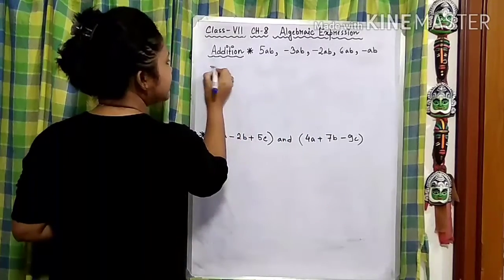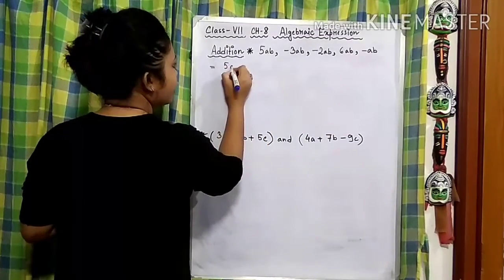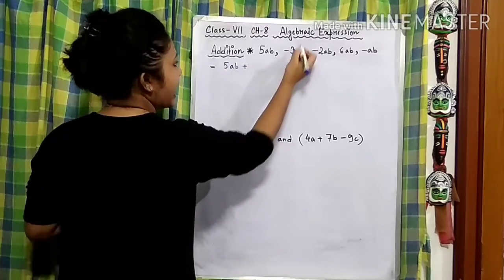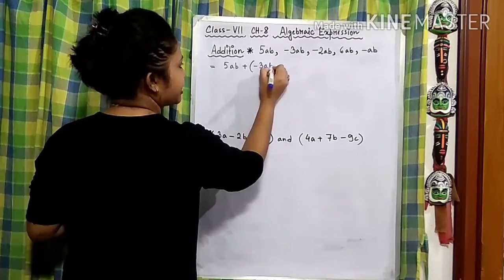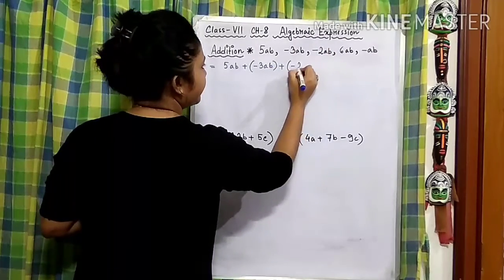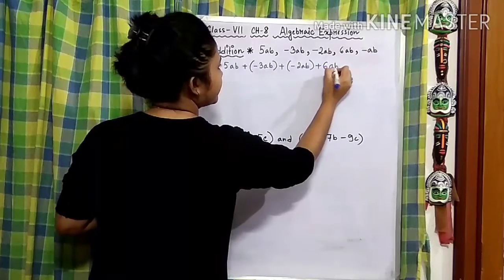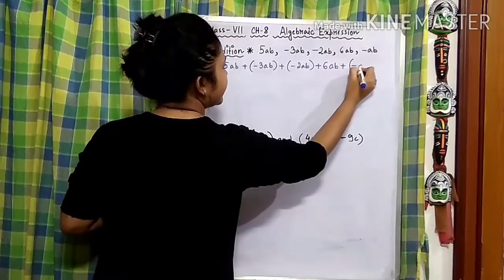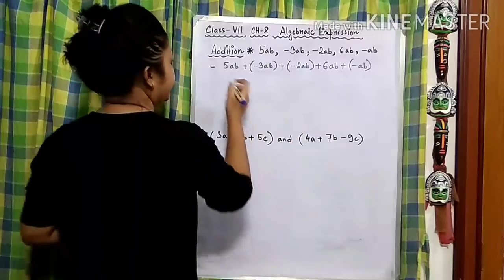First we write down the representation: 5ab plus, as it is a negative term, we keep it inside the bracket, minus 3ab, once again in the bracket plus minus 2ab, plus 6ab plus minus ab. Now minus ab means 1ab, you understand that.